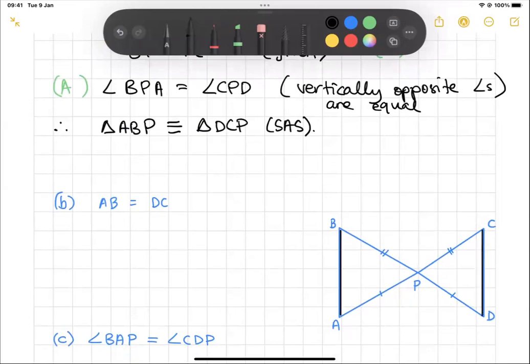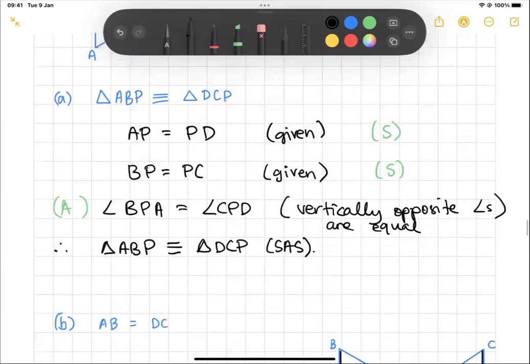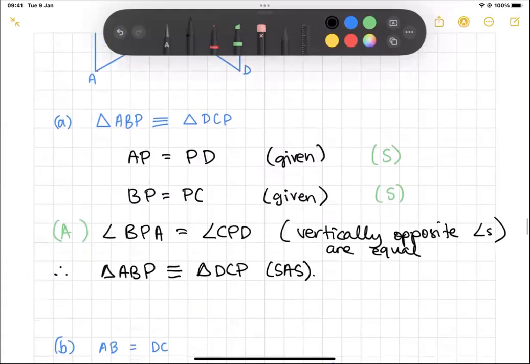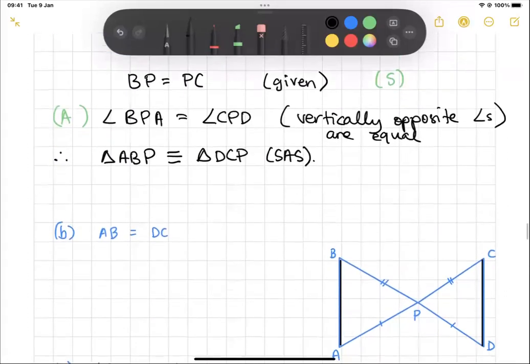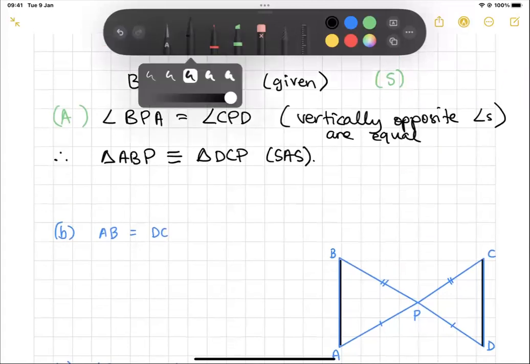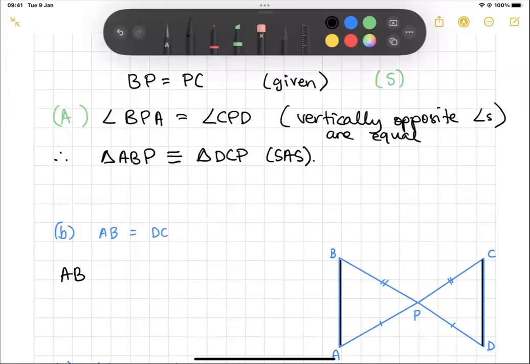This is much easier. Once we have already proven that those two triangles are congruent, no matter what angle, no matter what side, they must be equal. So this is the reason that you give when you have already proven that it's congruent. You'll write down line AB is equal to line DC.